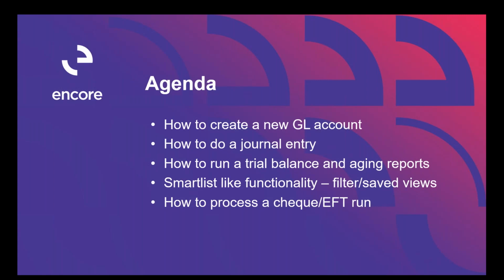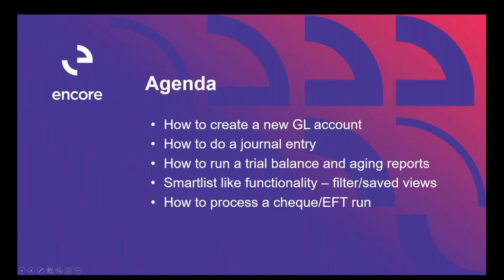So today I'll be going over how to create a new GL account, how to do a journal entry, how to run a trial balance and aging reports, how to do SmartList-like functionality in Business Central. And if I do have time, I'll go over how to process a payment run. I timed this presentation, so I'm not sure if I'll get to that, but I'll make sure to include that in the next webinar, part 2.